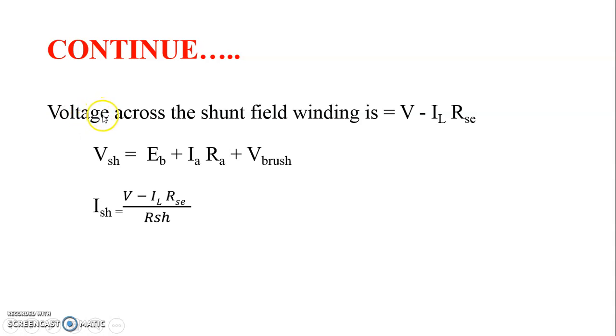So the shunt field voltage is given by back EMF plus armature current into armature resistance plus V brush. Then the shunt field winding current is given by V minus IL into Rsc divided by Rsh. So this is the voltage across the shunt field winding and the current flowing through it. By using these two formulas, we can calculate the voltage and current of the shunt field winding.